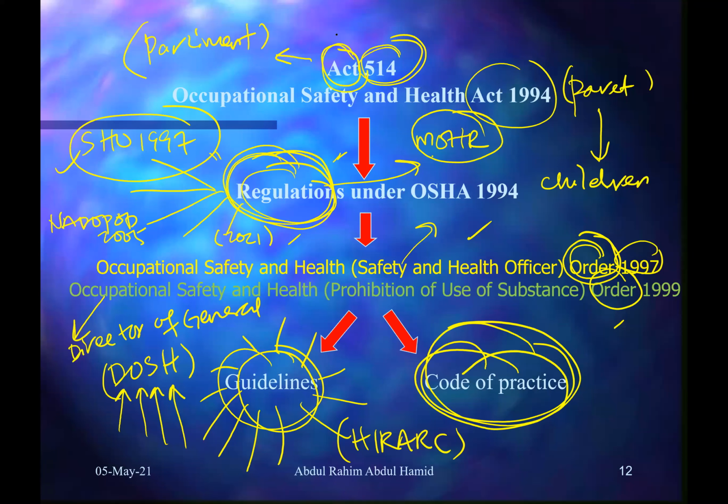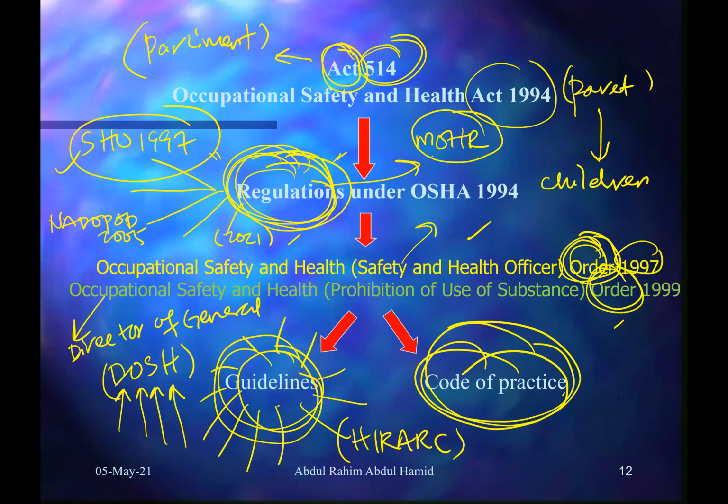We start with the Act, and then the Act might not be sufficient. It can be supplemented with a regulation. If a regulation is not there, for a quick thing, we can release an order. An order is normally very quick because it is only a few pages. And then it can be further supplemented by guidelines and codes of practice.